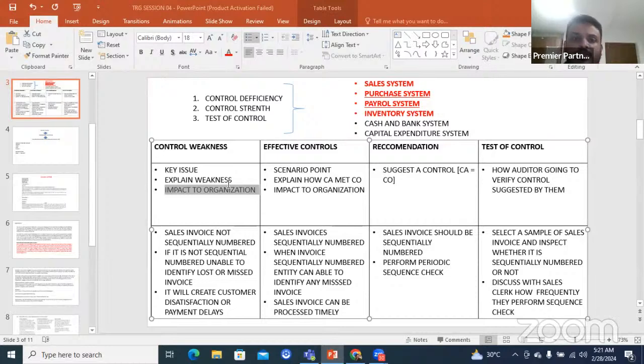You might have studied audit risk, and the risk of material misstatement arises from two things: inherent risk and control risk. Control deficiencies are closely related to misstatements, right?